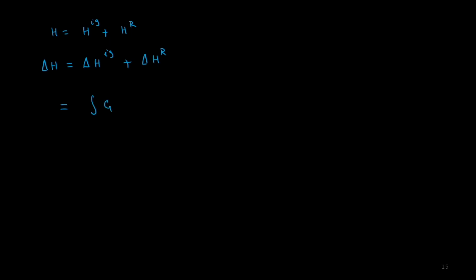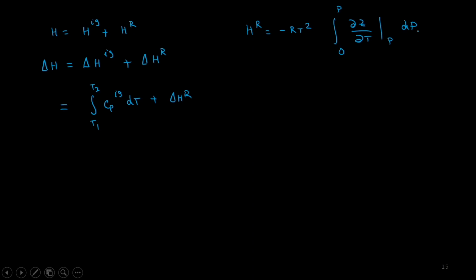It's simply integral Cp ig dT, the integral of the specific heat capacity with respect to temperature, plus delta H R, and H R is something which we have written earlier. It is minus RT square integral 0 to P dou Z by dou T at constant P dP. So I can use this equation, calculate H R at condition 1, calculate H R at condition 2, take the difference, that will give me delta H R, and then I can calculate the total delta H.